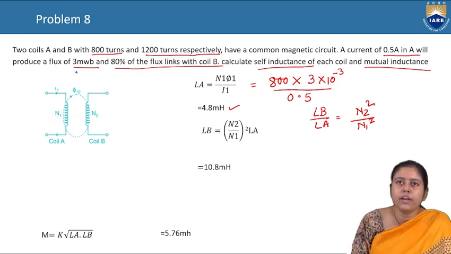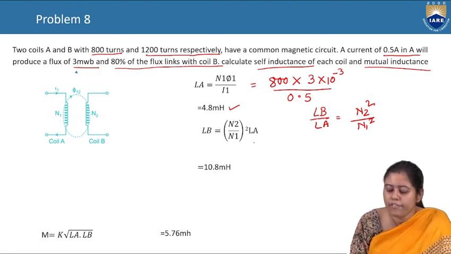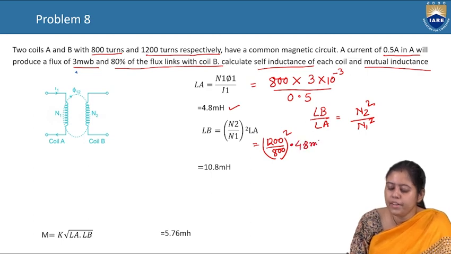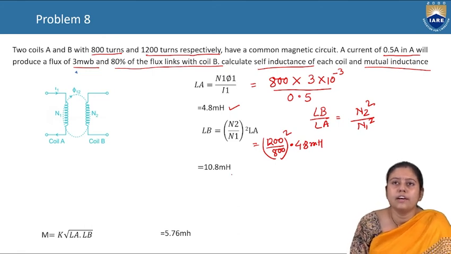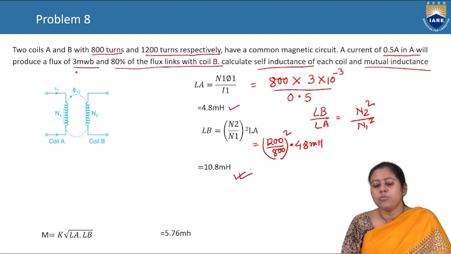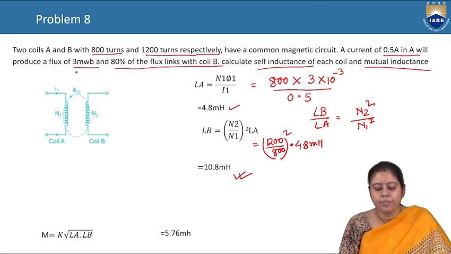N2 is 1200 by 800 square into LA, 4.8 millihenry. After calculating this, we are getting the value 10.8 millihenry. So we got LA and LB.